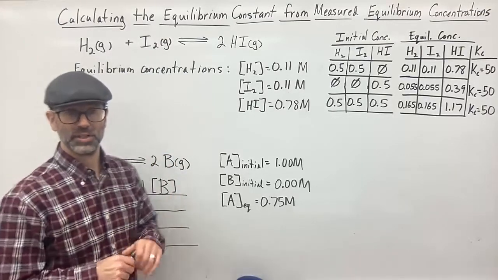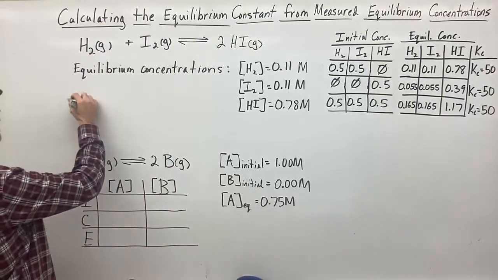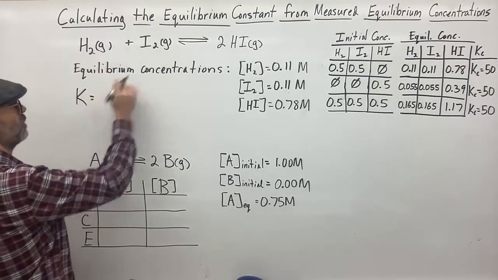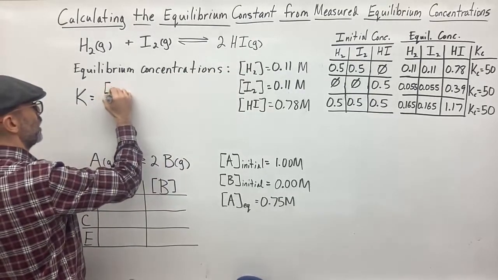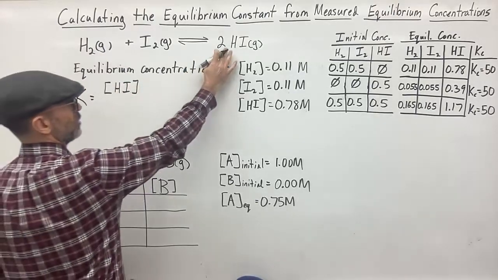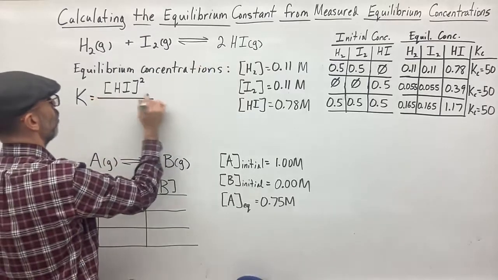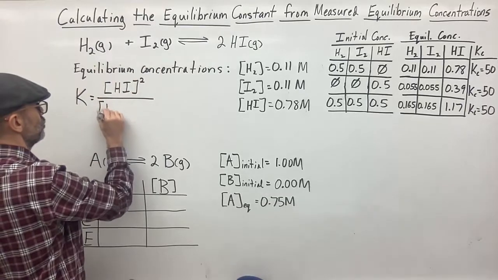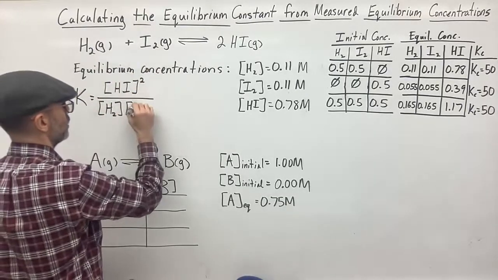In that case, all you need to do is plug them into your K expression. So let's get our K expression for this equation. Our product is HI, so it's going to be the concentration of HI, raised to the second power because we have a coefficient of 2, over the concentration of H2 multiplied by the concentration of I2.